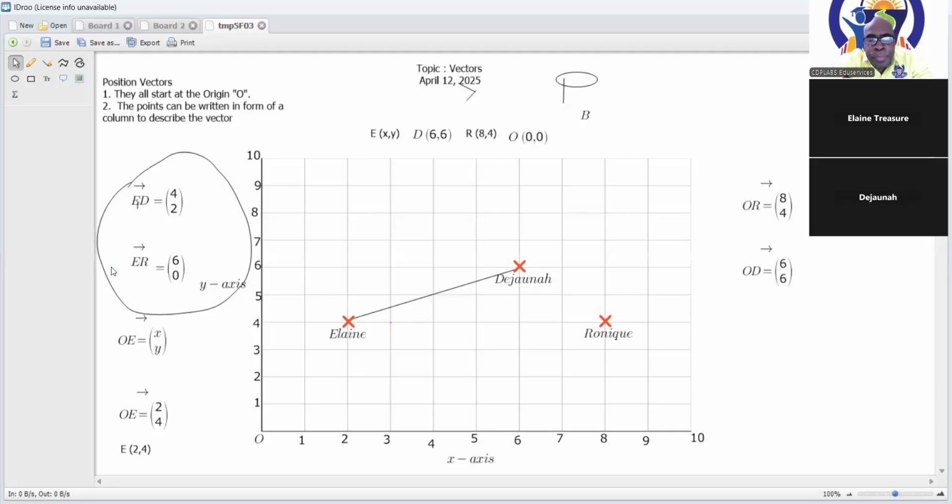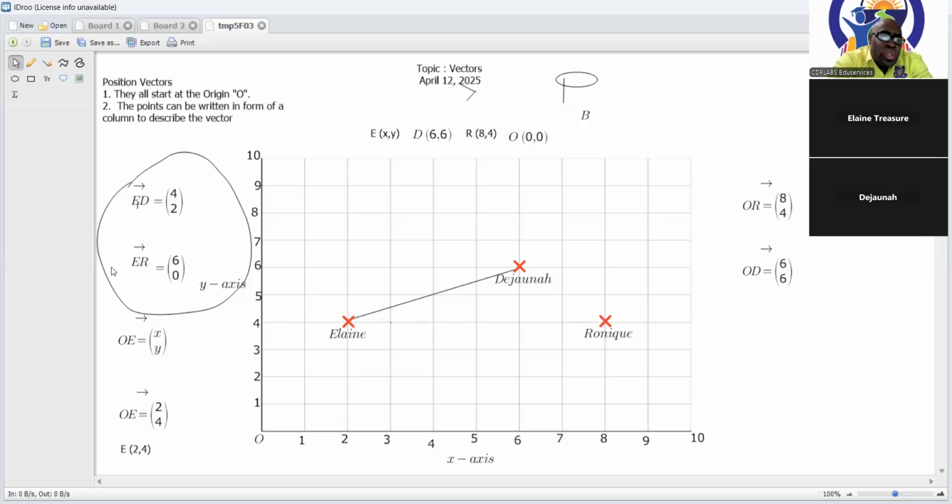As we close, what we just looked at a while ago is really displacement vectors. When I say this ED and this ER, these are displacement vectors.